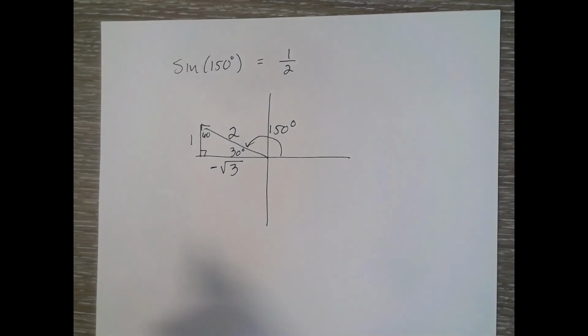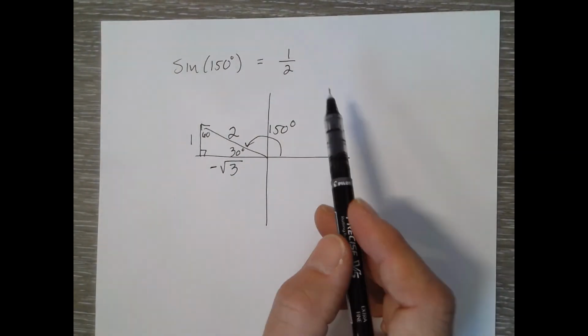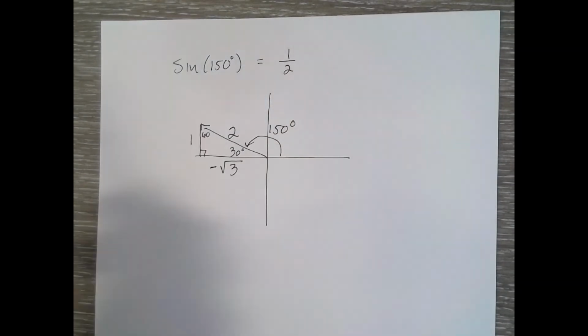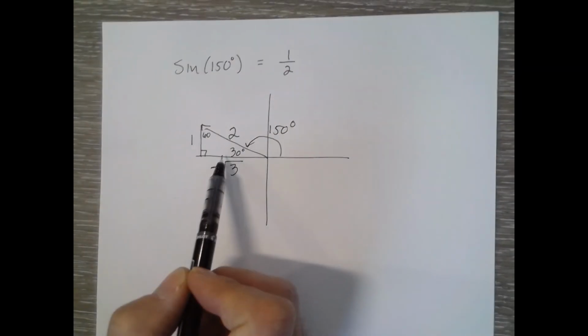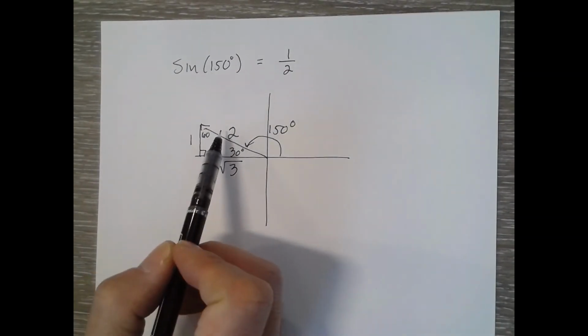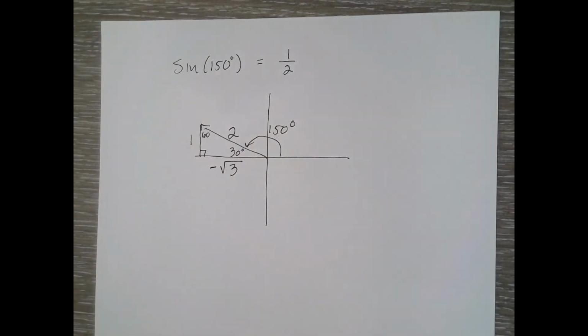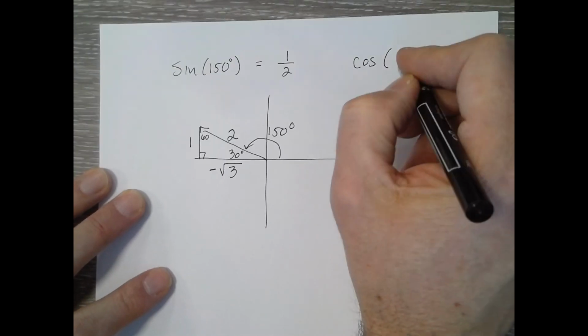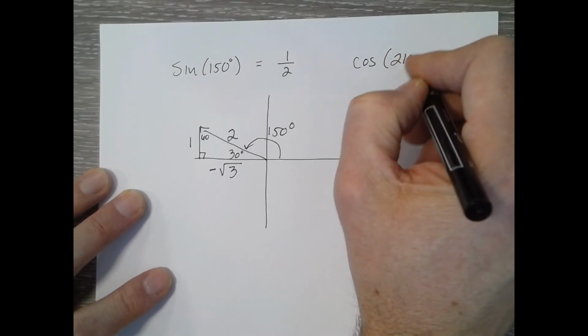So this is the type of question on your test where you will not have a calculator. And I will ask you to find the sine of 150 degrees. You'll have to draw your triangle and find the opposite over hypotenuse. One other problem. Let's say I wanted to find the cosine of, we'll say, 210 degrees.